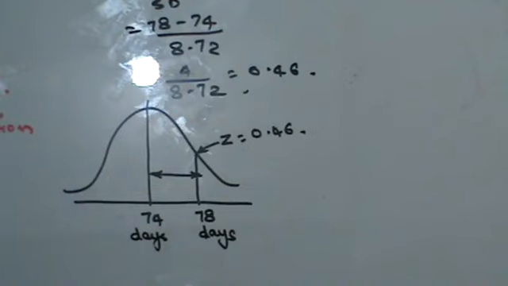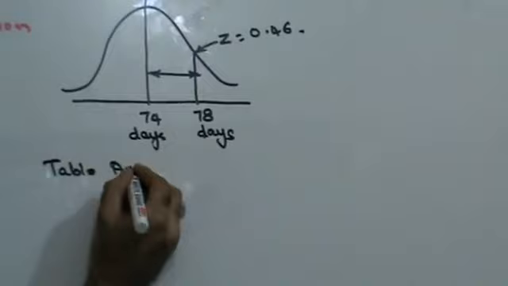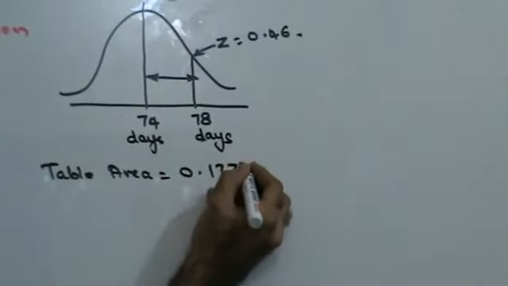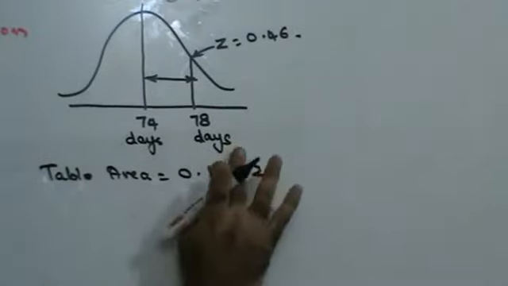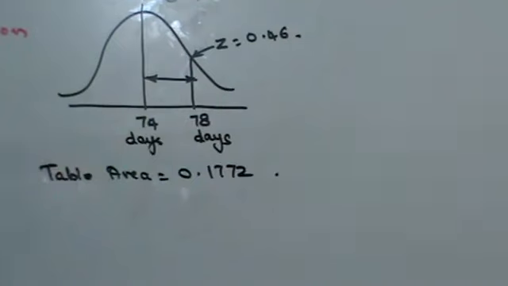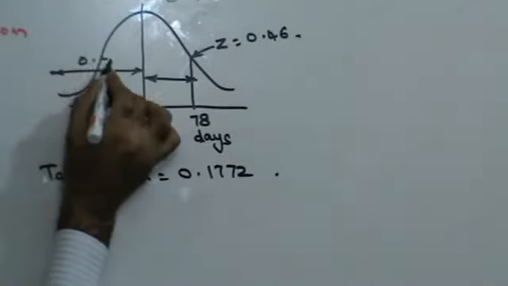Looking at the table, the area for 0.46 is 0.1772.